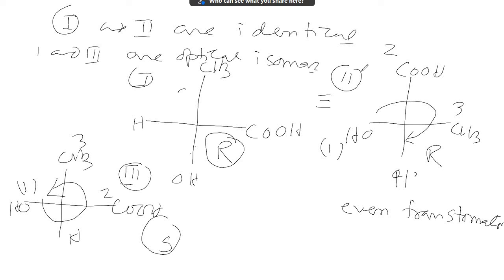If I give more such examples, it will be clearer to you. In this case, with the Fischer projection form, I have done the absolute configuration. Now with the flying wedge form, I will determine the absolute configuration of the organic compound. Suppose it is written this way.